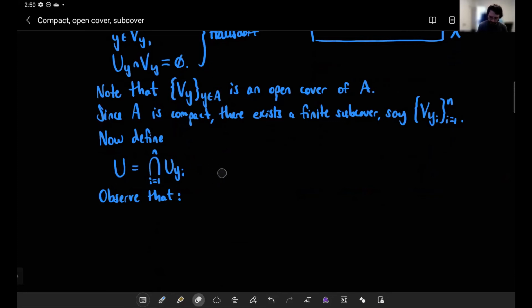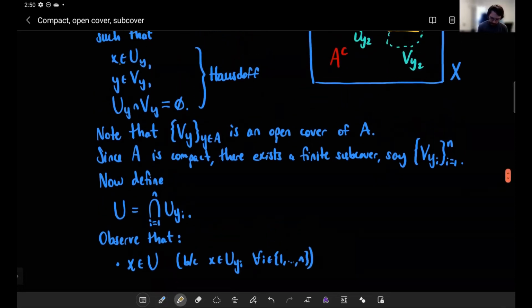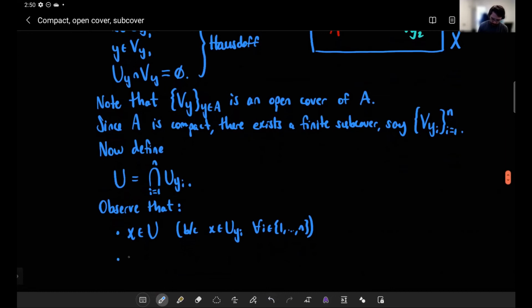Maybe I'll hide this tau bit for the second. Observe that X is an element of U. Why? Well, it's because X was an element of U sub y sub i for all of those sets. That just comes from right here. X is always in U sub y, so it's going to be in their intersection. Observe that U is in tau. U is an open set.